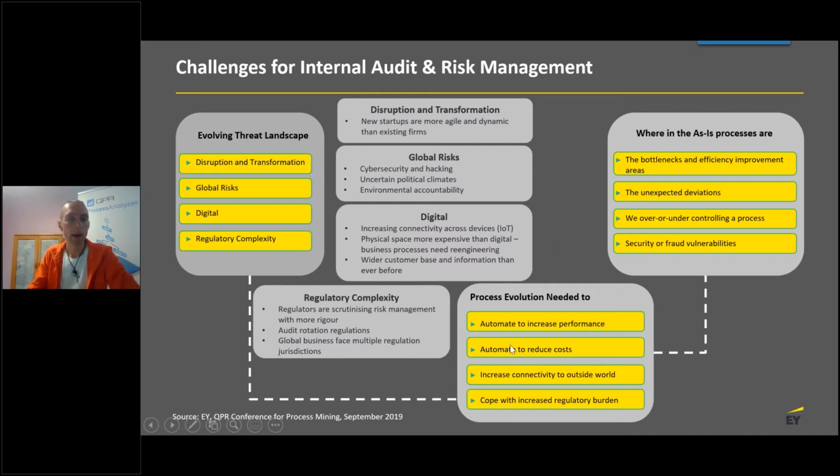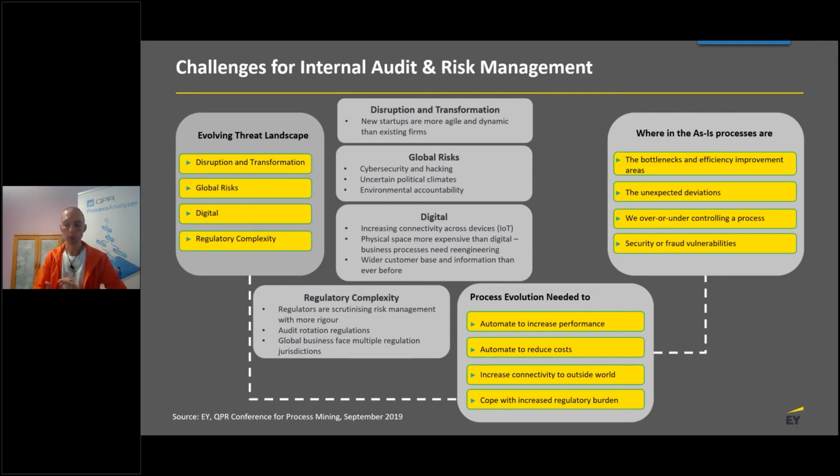So we need to improve our processes because of these threats and the process evolution. And then if you look at the as-is processes, they are at the same time the bottlenecks, and at the same time they are the efficiency improvement areas.